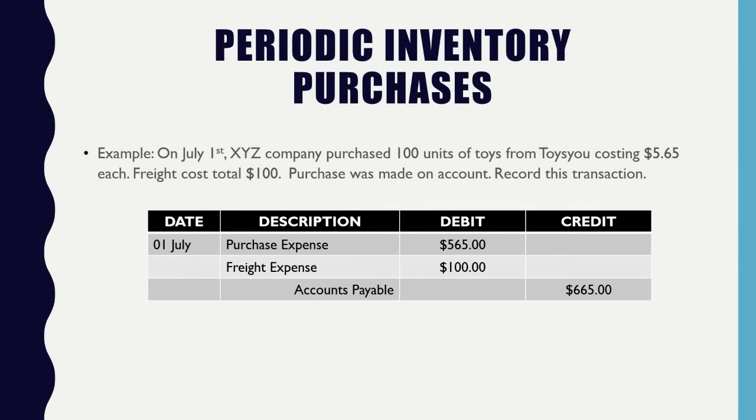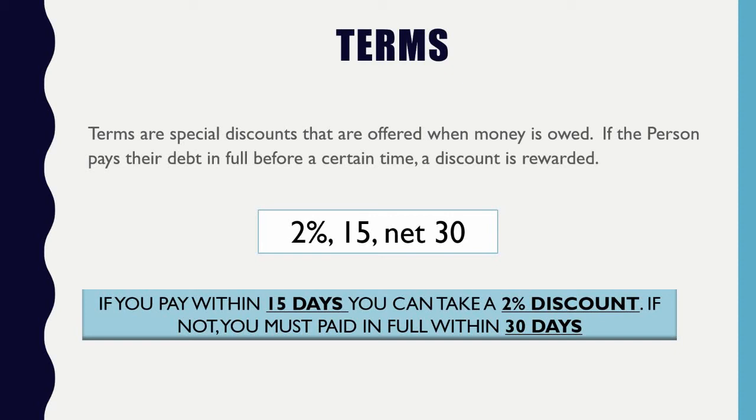So, okay. And of course, purchase discounts. I will ask you a question on how to complete the net method. So we have here, you guys need to understand what 2/15, net 30 means, okay?